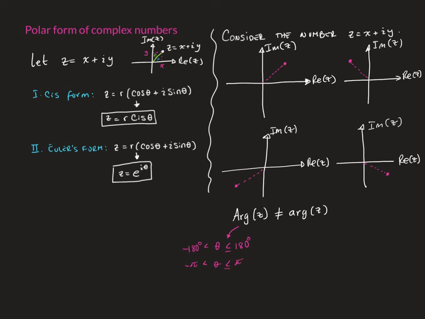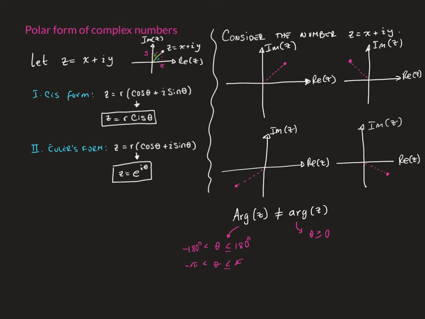However, the argument, as we learned it before, is going to be any value as long as it's bigger than or equal to 0. So there is a very special difference.